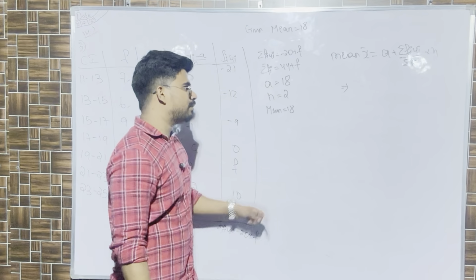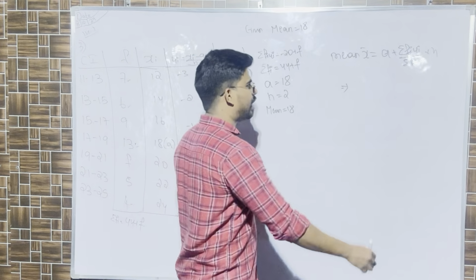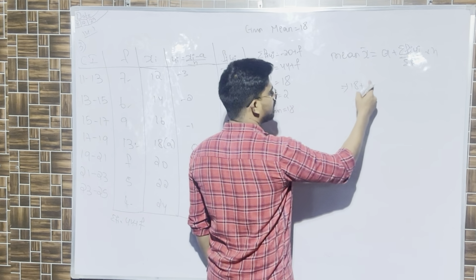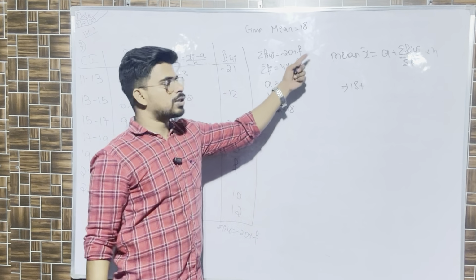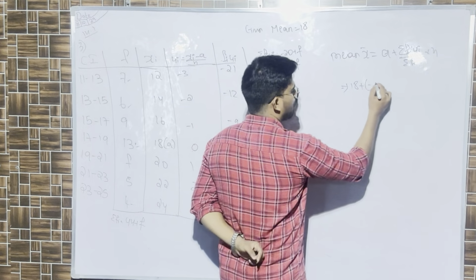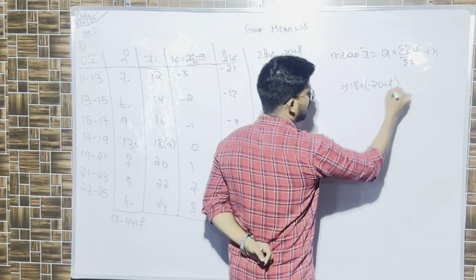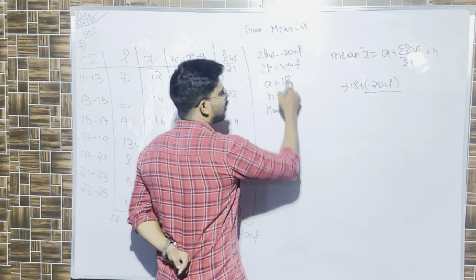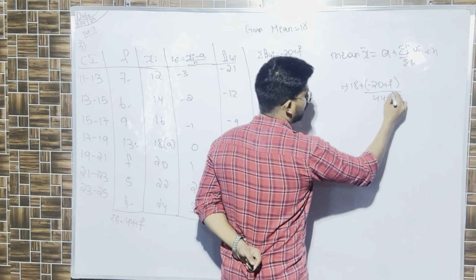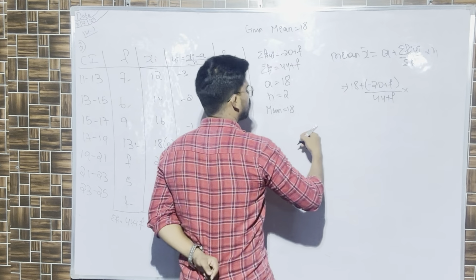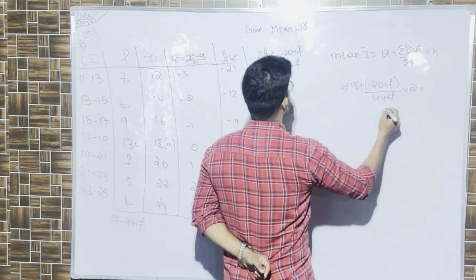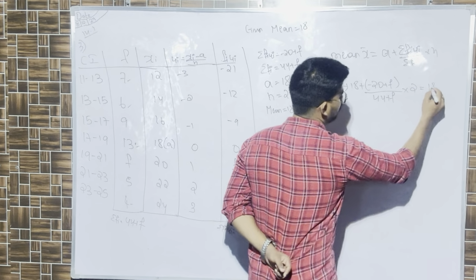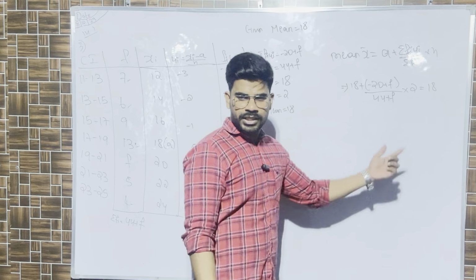What's the value of a? 18. So 18 plus sigma fi ui, minus 20 plus f, divided by 44 plus f, into h, 2, is equal to mean 18, right? Why did I choose this method? You will get to know here.